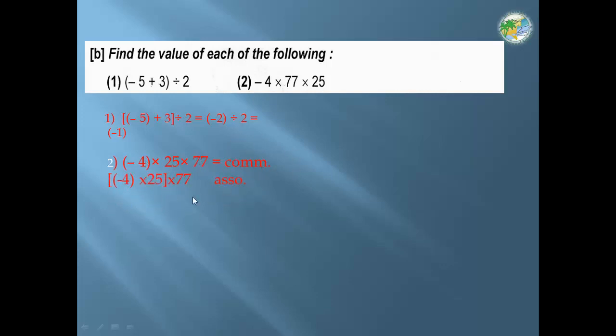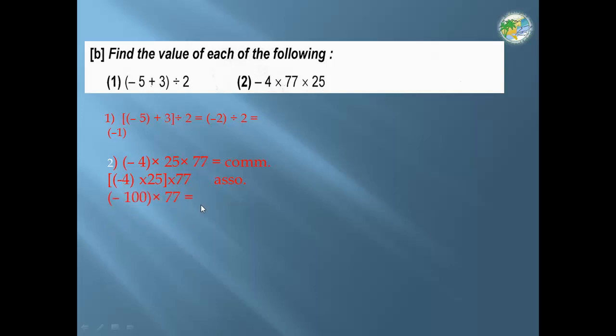After we finish commutative, we can use an associative property. 2 numbers between bracket times 77 equal, يبقى we answer inside the bracket الأول, هتبقى equal what? Negative 100 times 77.